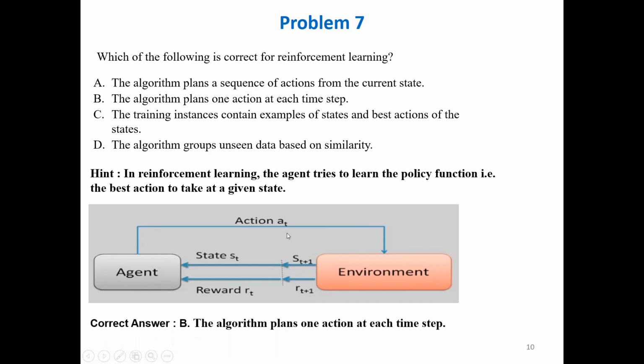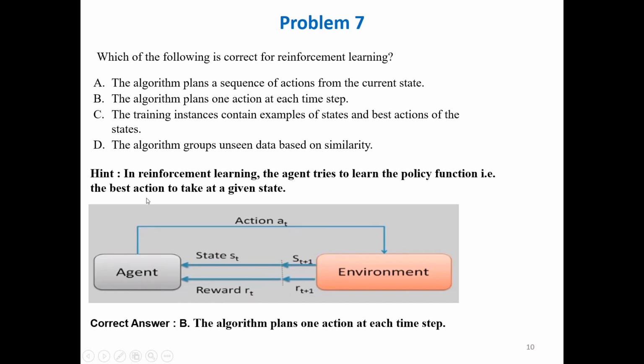So the correct answer is B. The algorithm plans one action at each time step. C, R t plus 1. At a particular instant of time, R t, the environment is giving the reward. Then based on that reward, the agent will take the action at that time instant only. So the action A t at time instant t is based on the reward given at time instant t.